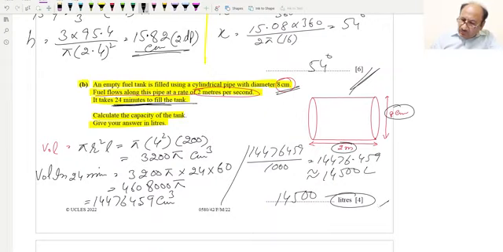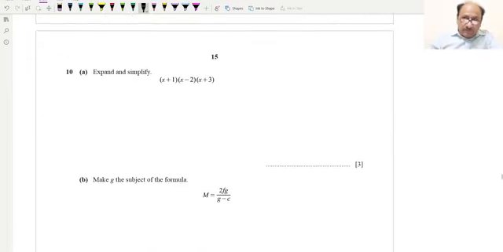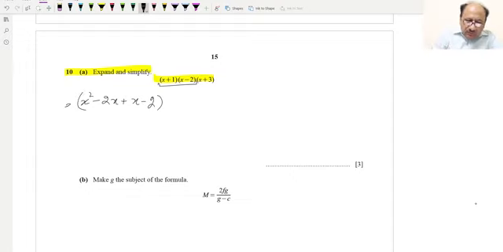Hopefully you understood each and everything. Now we can move to question number 10, which is to expand and simplify an algebraic expression. This is easy, straightforward. We will multiply these two first. It will be x squared minus 2x plus x minus 2, and then adding the like terms, this will be x squared minus x minus 2, and x plus 3.